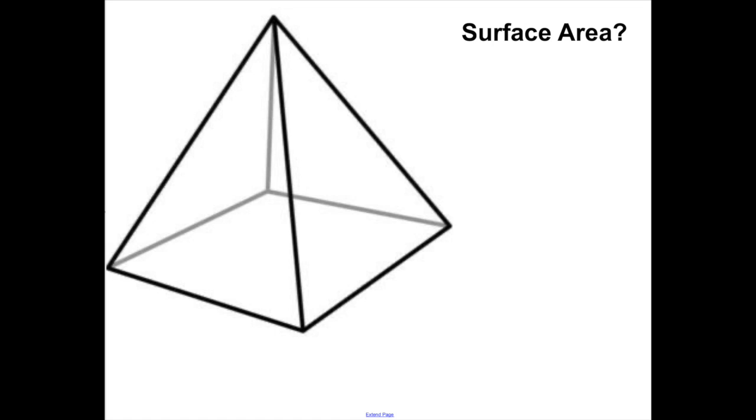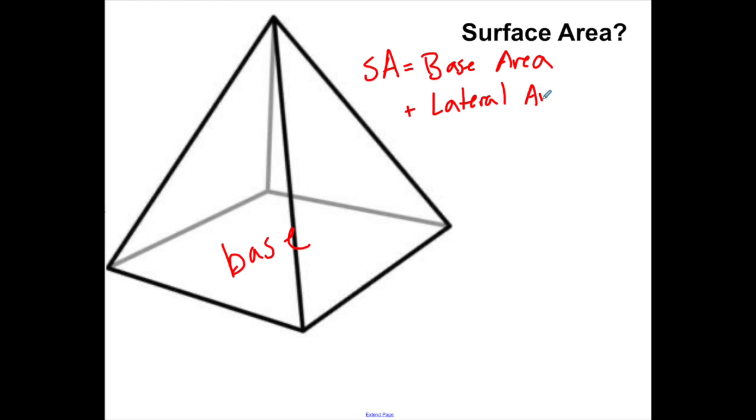We have what's called the base, and then these 4 so-called lateral sides. So in general, the surface area is equal to the base area plus the lateral area.